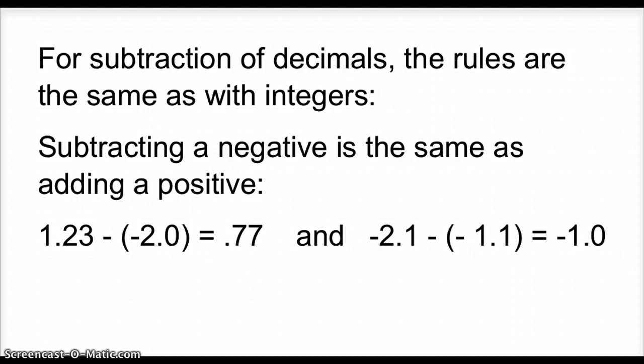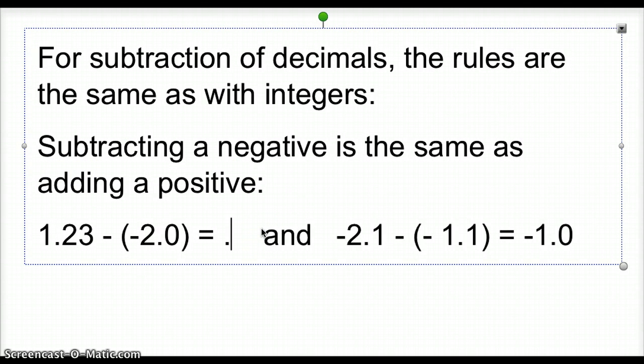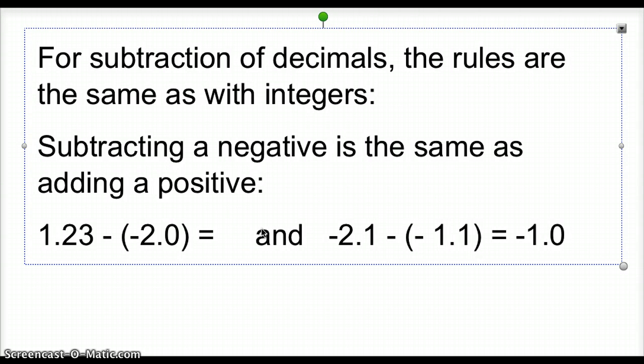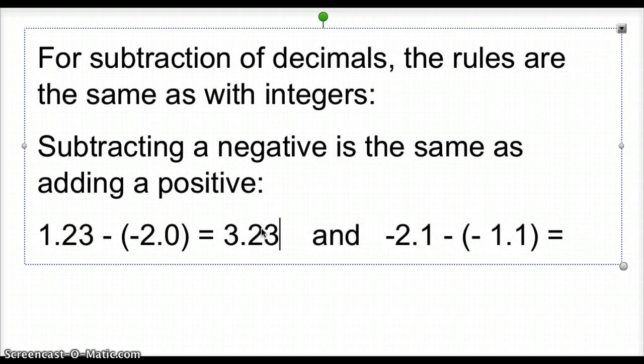I'm going to change this right here because I had a negative in front of that originally, but I'm going to change this right now to 1.23 plus 2, which is going to be 3.23.